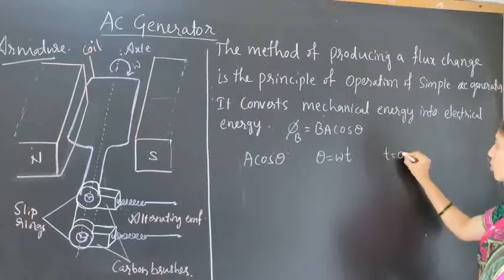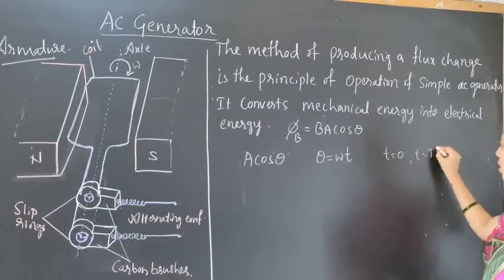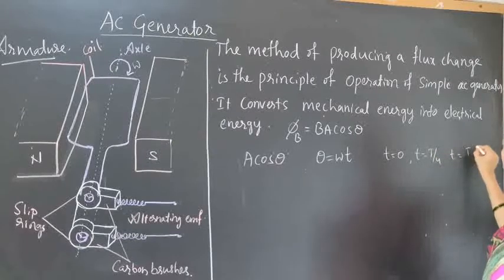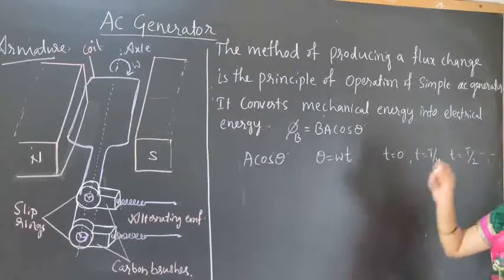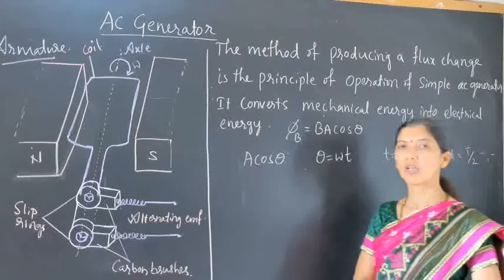At t equal to 0, then t equal to T by 4, then t equal to T by 2, like that we have to consider the time and plot the graph.